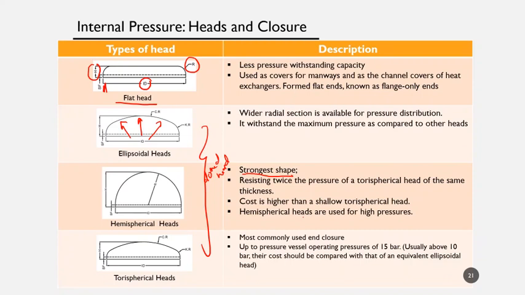The hemispherical head is used for high pressure, so we can apply this head for high pressure. Okay, the torispherical head is the most commonly used enclosure. It can operate up to a pressure of about 15 bar, usually above 10 bar, and its cost should be compared with that of an equivalent ellipsoidal head.